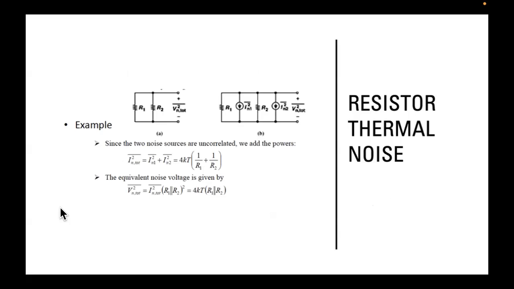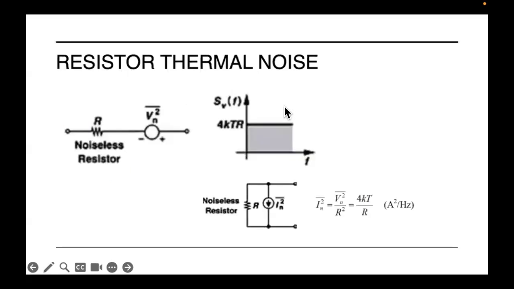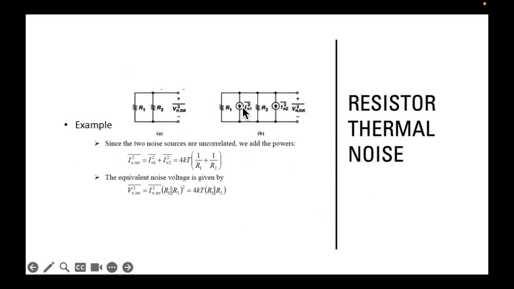So if we go here, we replace the first resistance with a resistance and current source, and we replace the second resistance with a resistance and current source. We already know that the equivalent current is 4kT over R. So we have here 4kT over R1, and here 4kT over R2. In order to express the output voltage as noise, we first express the current.